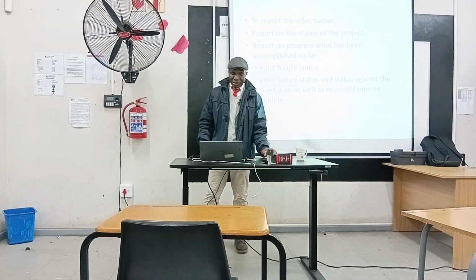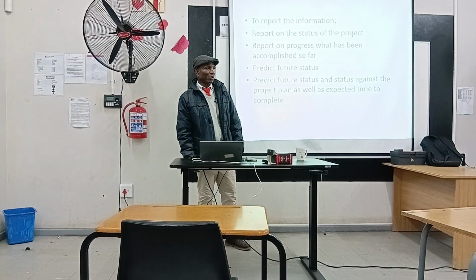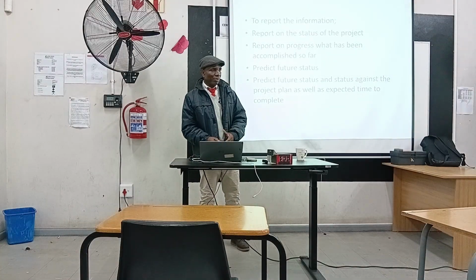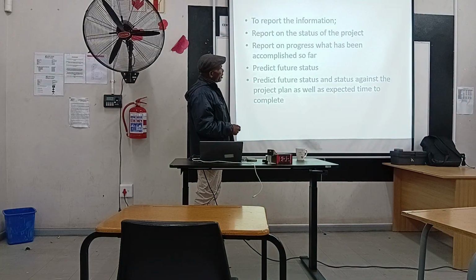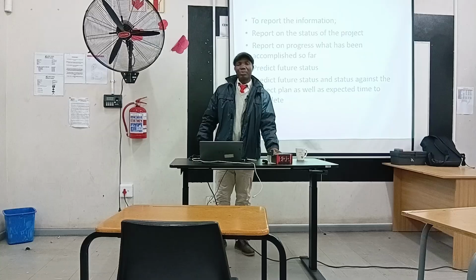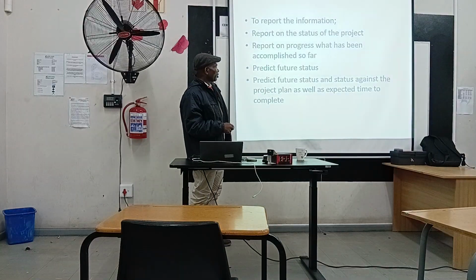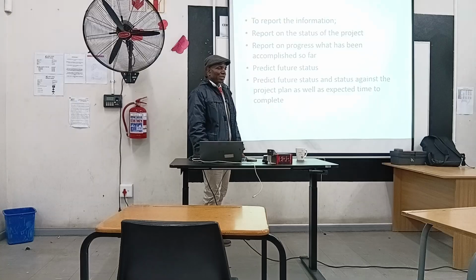Then you look at the actual performance and compare it with the planned performance, which is the standard. Then you look at where there are variances. Such variances need to be reported. That will help you to report on the progress that has been achieved. From there, you can focus on the future status. So predict future status and status against the project plan, as well as expected time to complete.